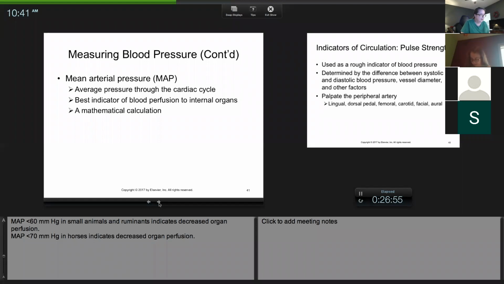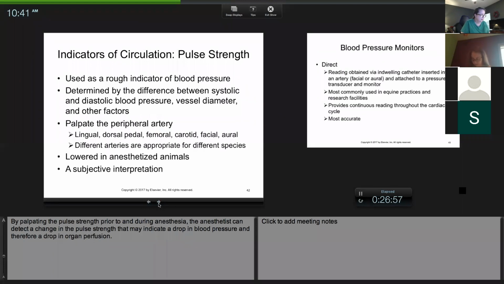Number 10, peripheral arteries to palpate a pulse. Be able to tell me lingual, femoral. This is the carpal artery. You have the dorsal pedal on the back leg, ventral tail. Carotid is going to be difficult.